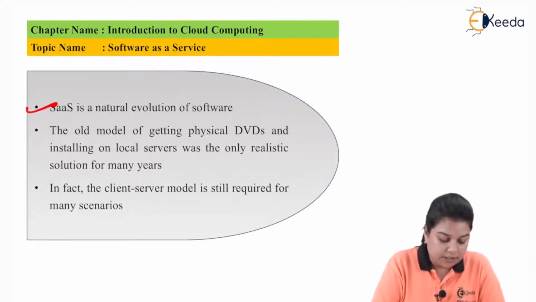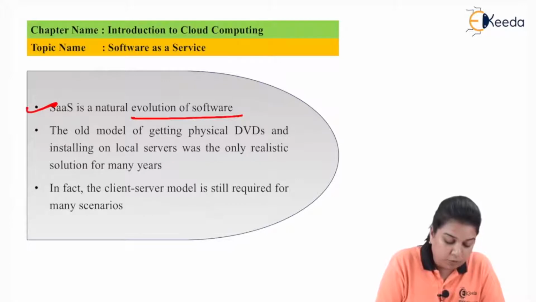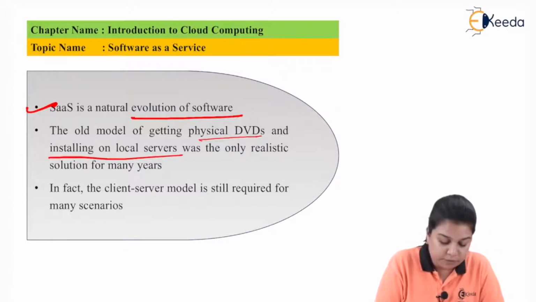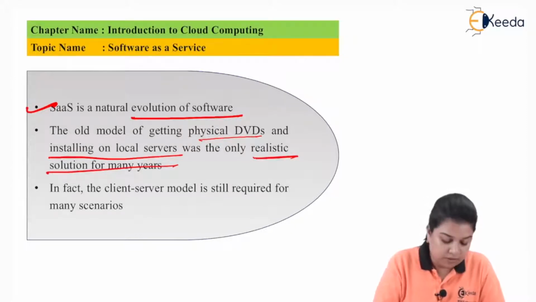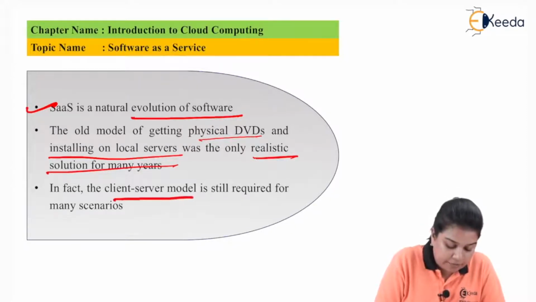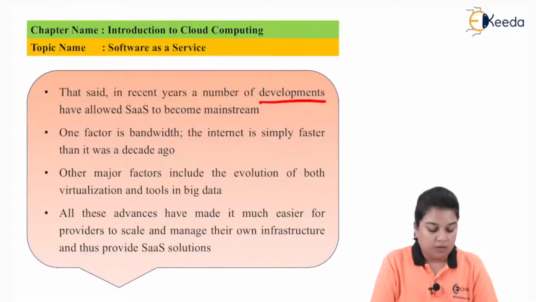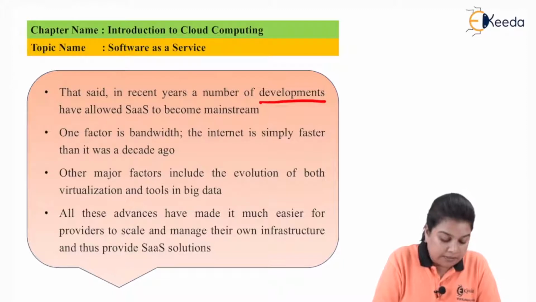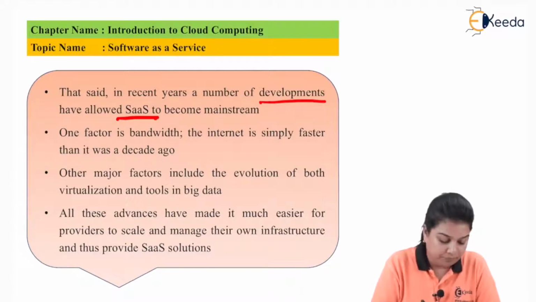Software as a service is the natural evolution of software. The old model of getting physical DVDs and installing on the local servers was the only realistic solution for many years. In fact, the client-server model is still required for many scenarios. That said, in recent years, a number of developments have allowed software as a service to become mainstream.